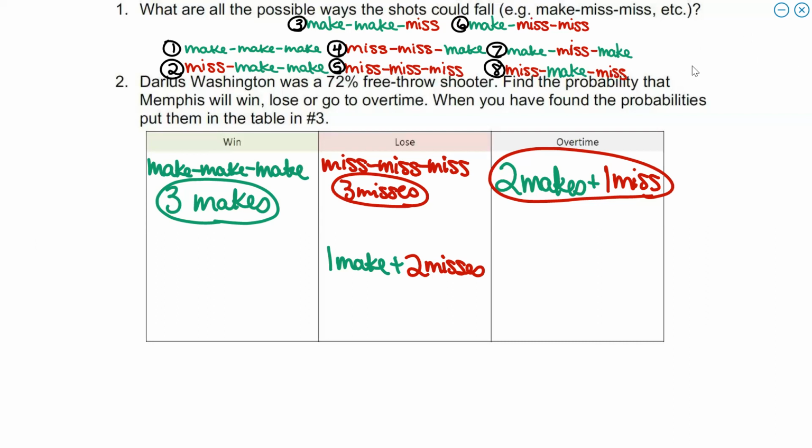This idea right here is a combination where I don't care about the order, but there's 3 shots and he makes 2 of them. 0.72 squared, 0.28. I'm going to show you how to put this into your calculator, but this is called a combination.